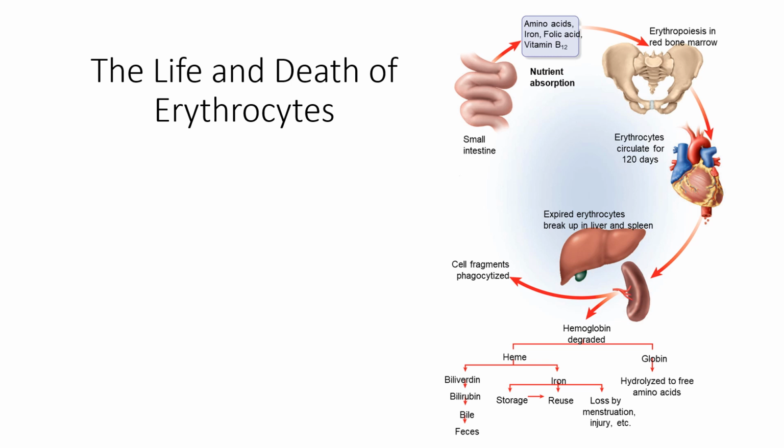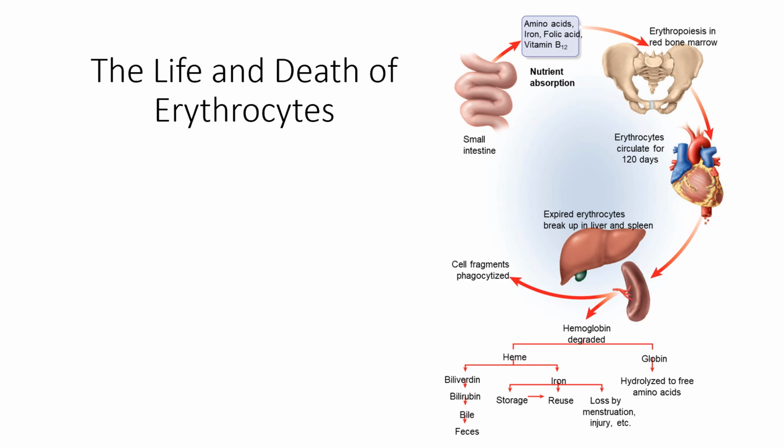Expired or old erythrocytes are then broken down in the liver and the spleen. Once the erythrocytes are broken down, any fragments, with the exception of the hemoglobin, will be phagocytized.